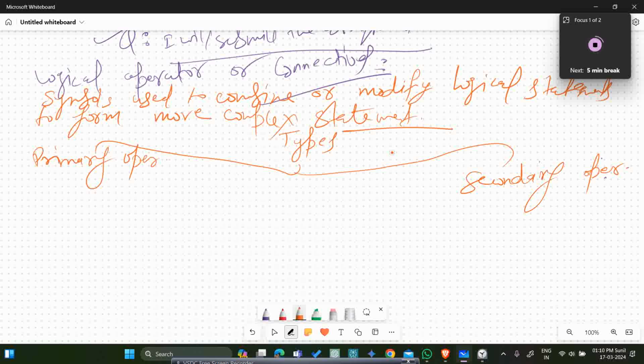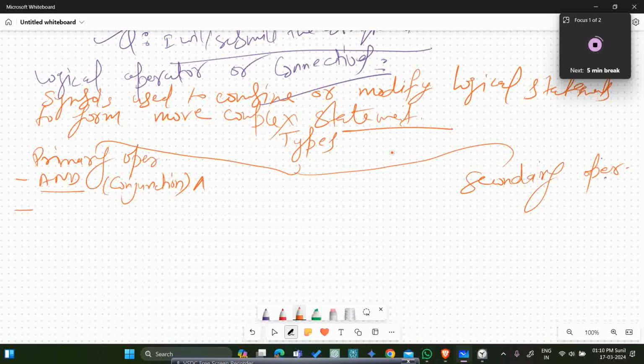For example, one is AND. This is logical. In propositions we call it conjunction, and we can represent it by this sign.